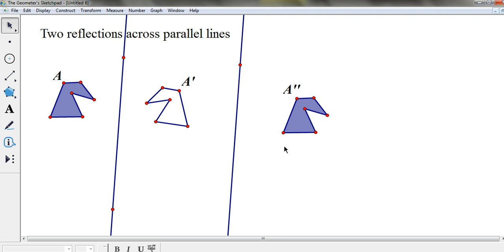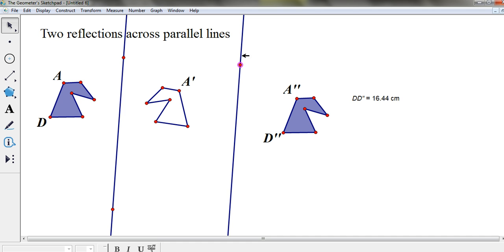Now the other thing we need to look at are the distances. So let's go, for instance, from this point to its counterpart over here and get a distance. Okay, so from D to D prime is 16.44 centimeters.